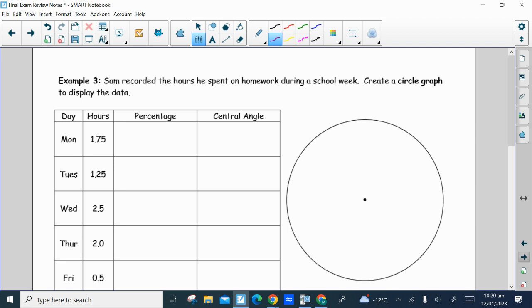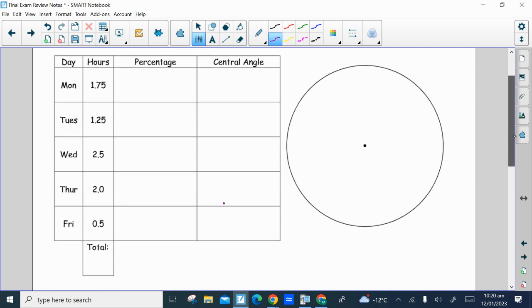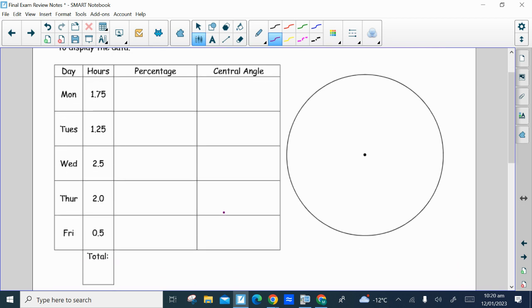It says Sam recorded the hours he spent on homework during the school week. We want to create a circle graph to display the data. So the first thing we would do is add up the total number of hours on the left here.